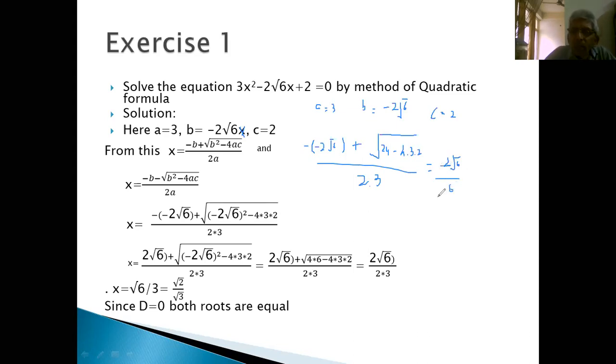Or I can say 2 by root 6. I am making some mistake here.